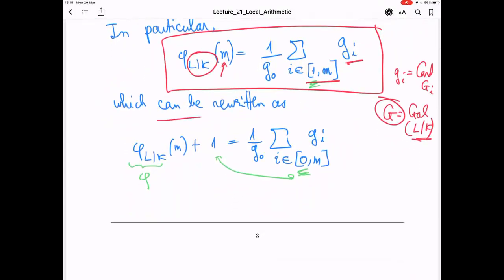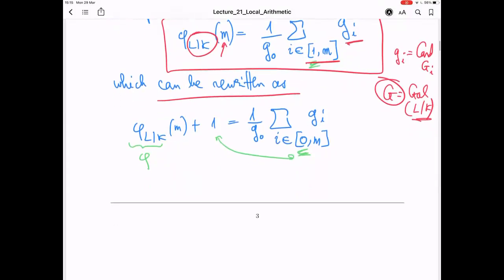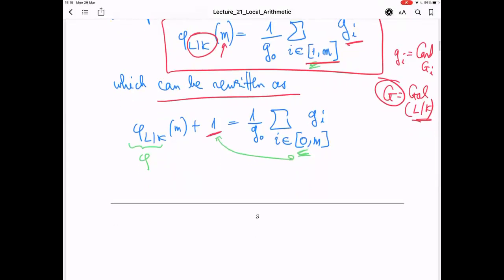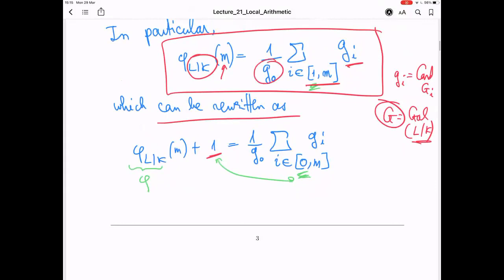And of course, you can rewrite this. You add 1 to both sides. Then here you are adding g naught upon g naught. So the count can start from g naught instead of from i equal to 1 to m. It is allowed.